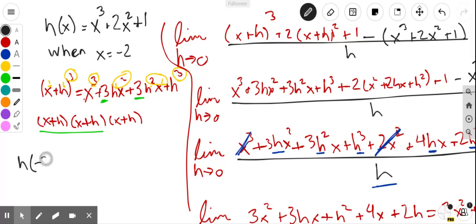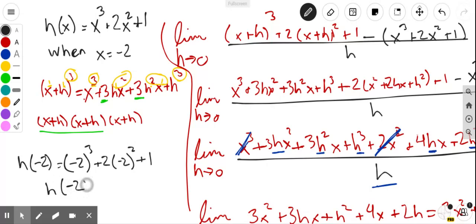So we're going to plug the -2 into the original function. We're going to see that h of -2 is equal to 1.